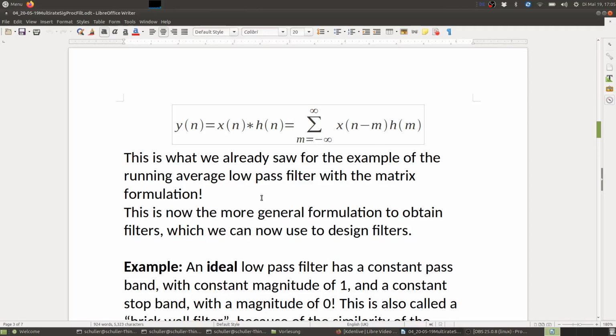This is already what we saw for the example of the running average low-pass filter with a matrix formulation. But in that case, h contained only two samples, so m would run from 0 to 1. Right? So this is now the more general formulation to obtain filters, which we can now use to design filters.